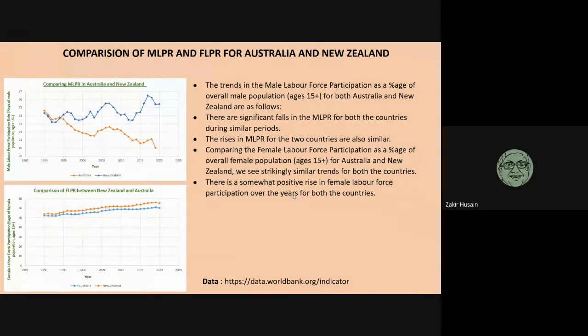Instead, what she has done is to blow up the difference, make it large artificially. If the axis had been 0 to 100, we would have been able to see clearly that there has been a fall in male labor force participation, but it's only 5% over a 30-year period.